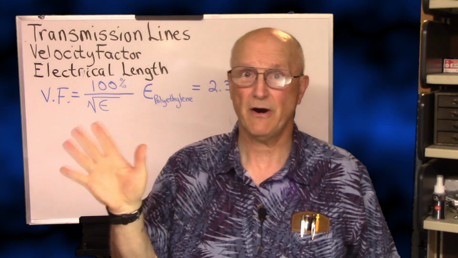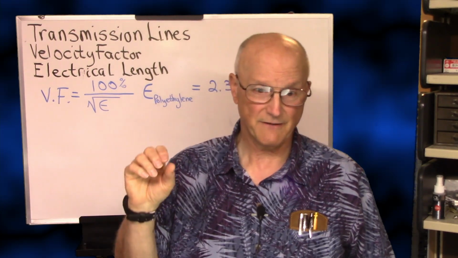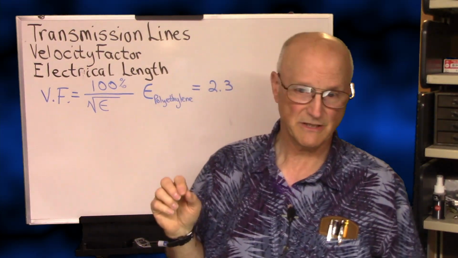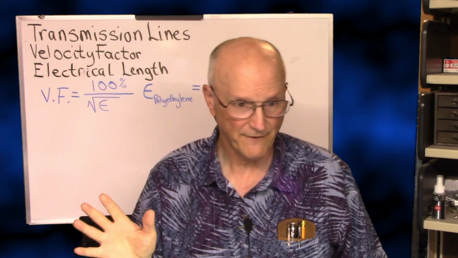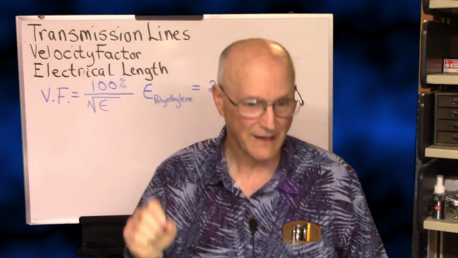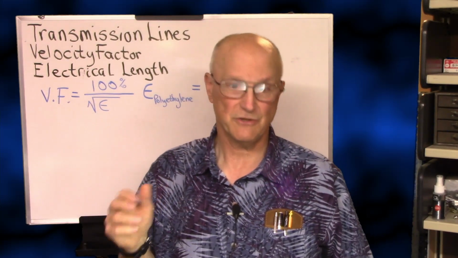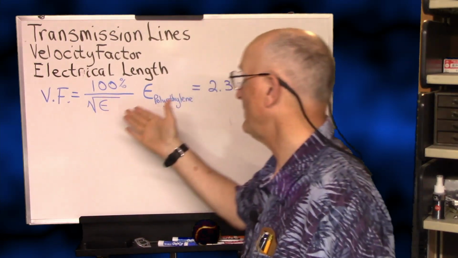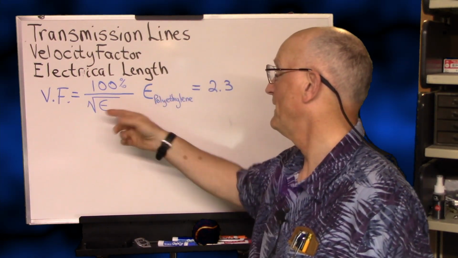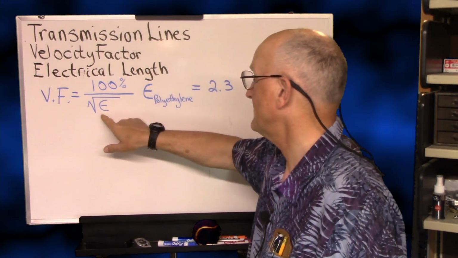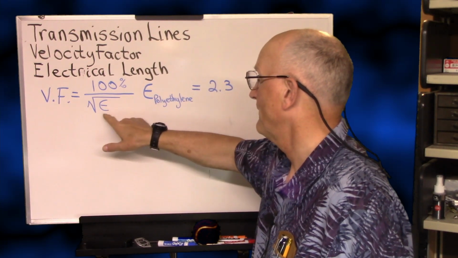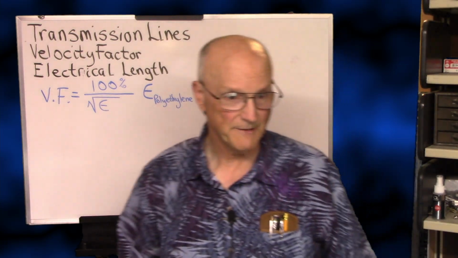Now, the surprising thing about this is that the velocity factor of a transmission line is almost entirely a factor of the dielectric constant of the insulation used in building the transmission line, which the dielectric constant is represented by this funky letter epsilon.